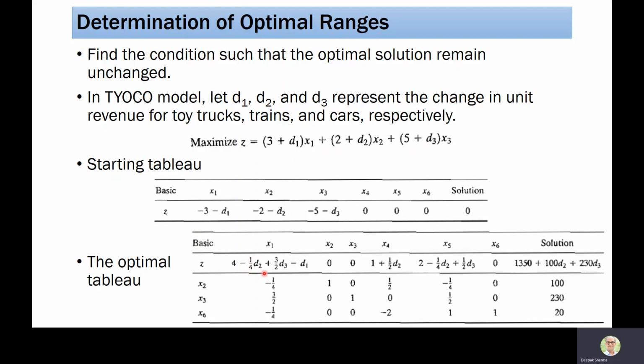So if I look at the optimal simplex table, we know that the first non-basic variable is x1, which is written in terms of d1, d2, and d3. Similarly, another non-basic variable is x4, and another non-basic variable is x5.